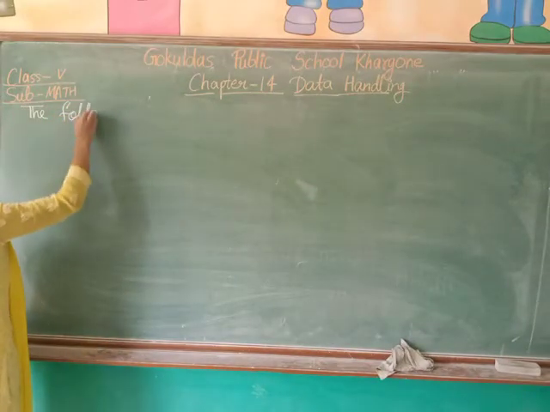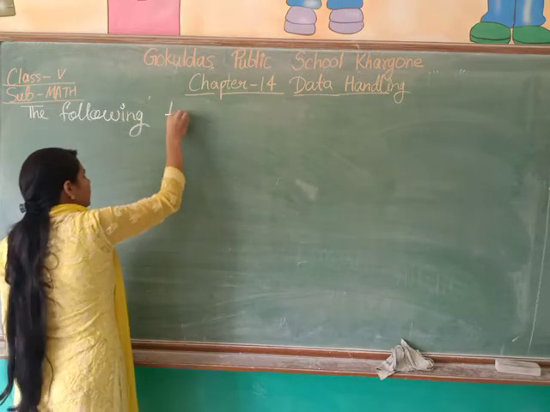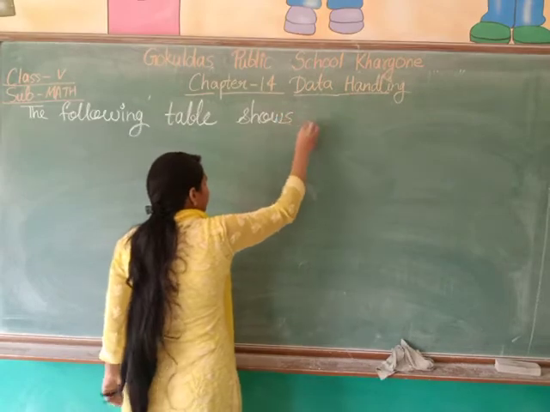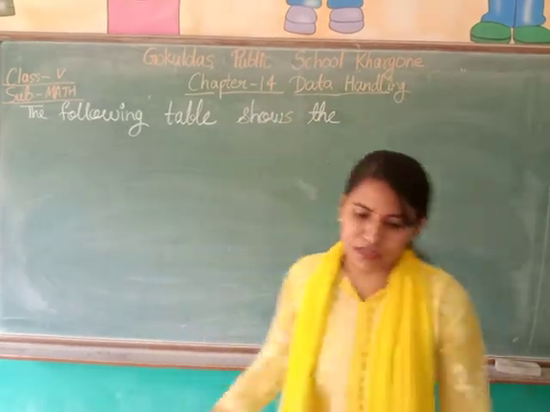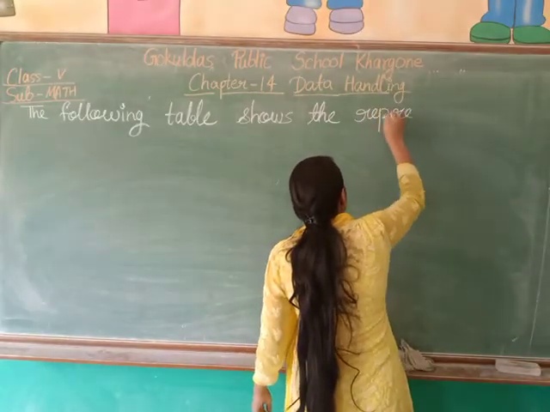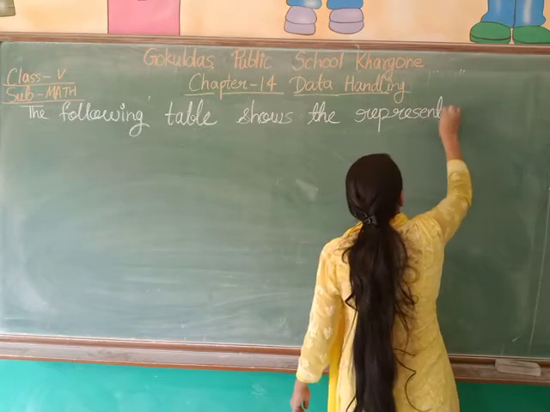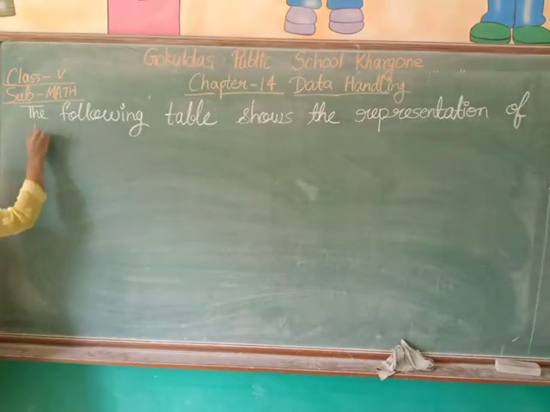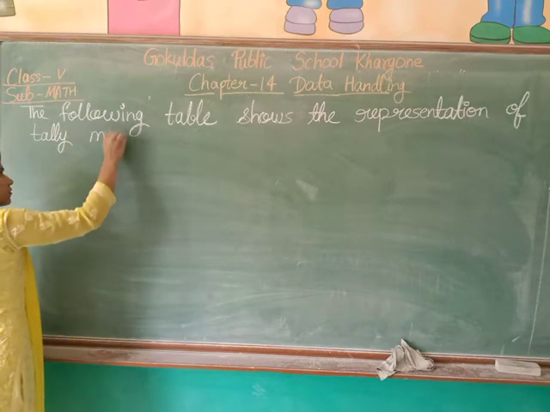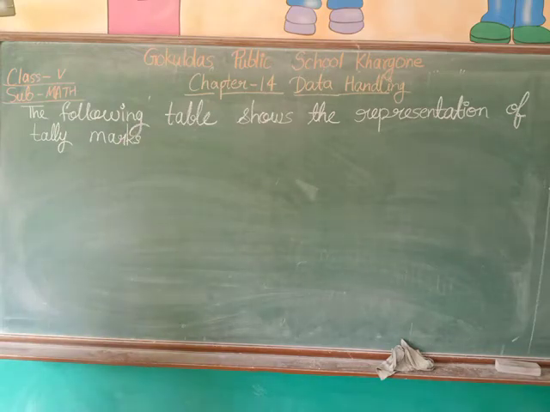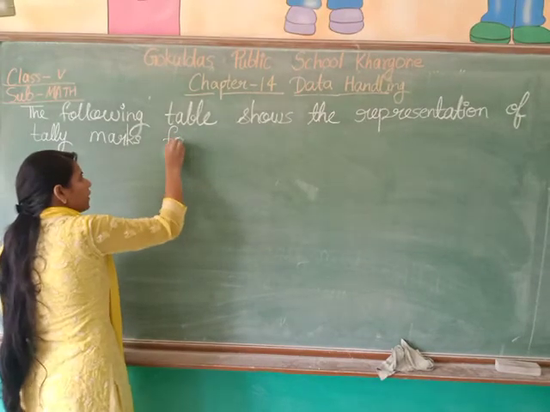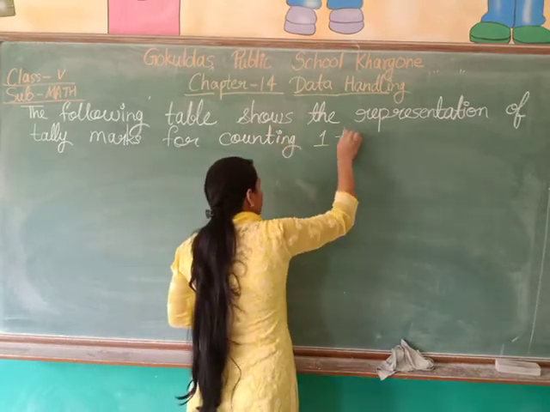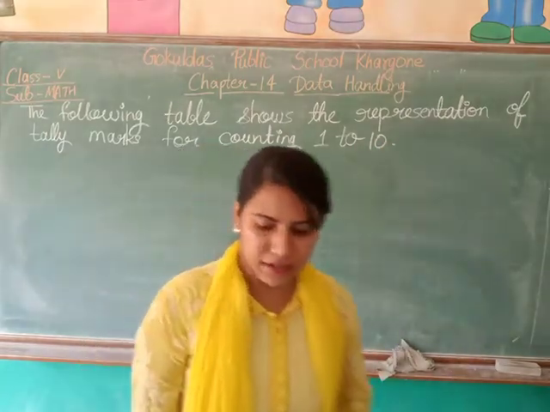The following table shows the representation of tally marks for counting 1 to 10. Now I will draw a table.